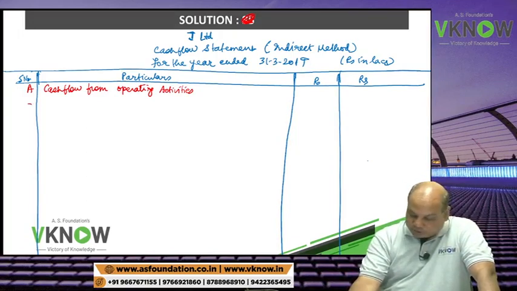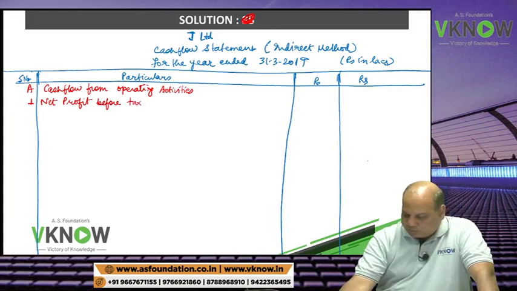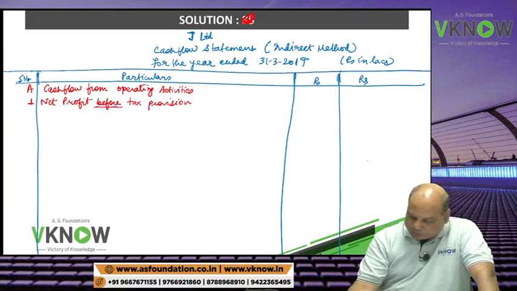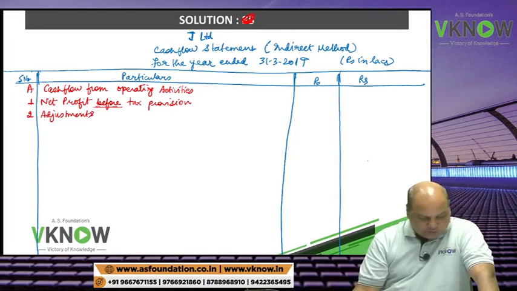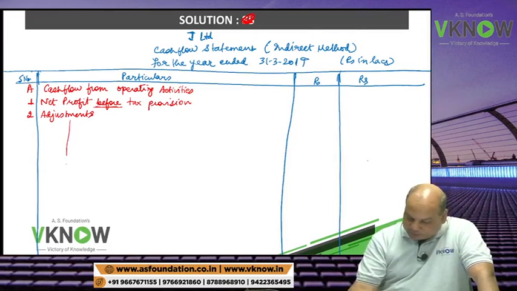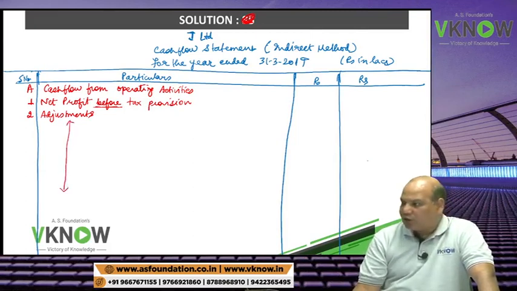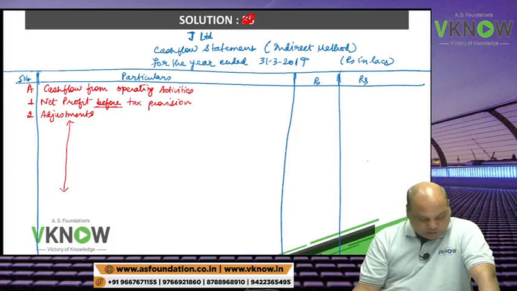Under that, write down first point number 1, only the format we are drawing: Net profit. In this question, before tax provision is given. Very important, underline the word before. And point number 2, write down adjustments. In this question we have many adjustments, so keep about 8 to 10 lines blank.